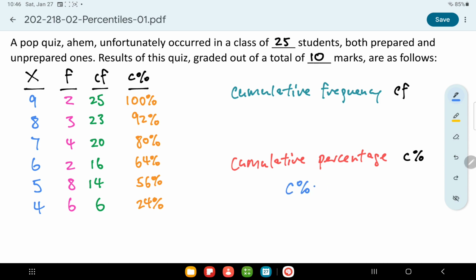Cumulative percentage equals the CF, which is cumulative frequency, divided by N, the population, and multiplying this number by 100%. Now pause the video, try and apply this formula, and see if you obtain the exact same numbers in the column labeled cumulative percentage.